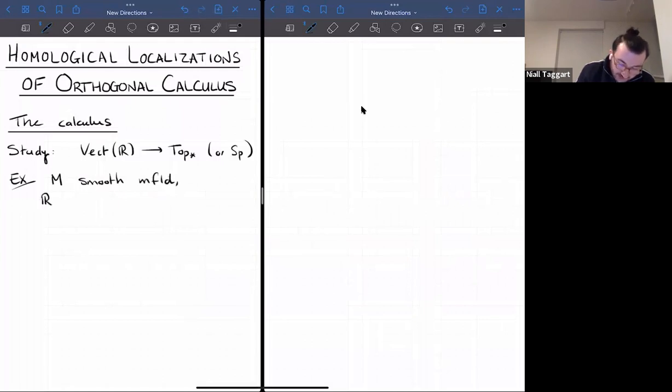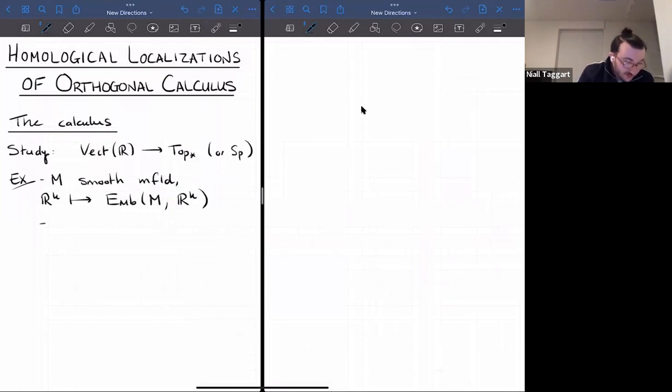You can think of a functor which sends a real vector space to embeddings of your manifold M into this, plus or minus some technical details. So if your manifold M here was the real line, this would be like a space of long knots. Or you could do something else.